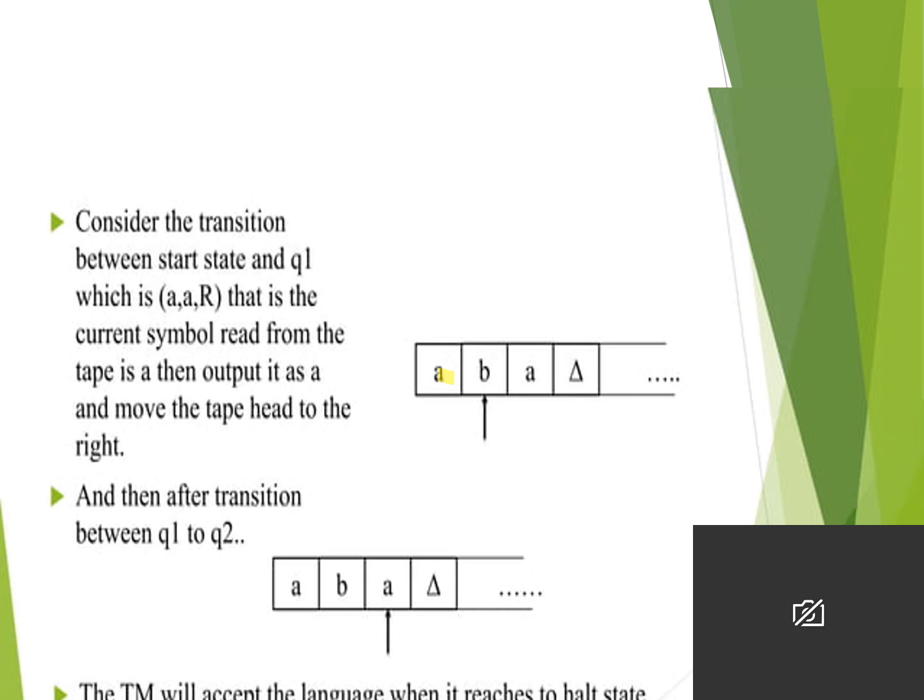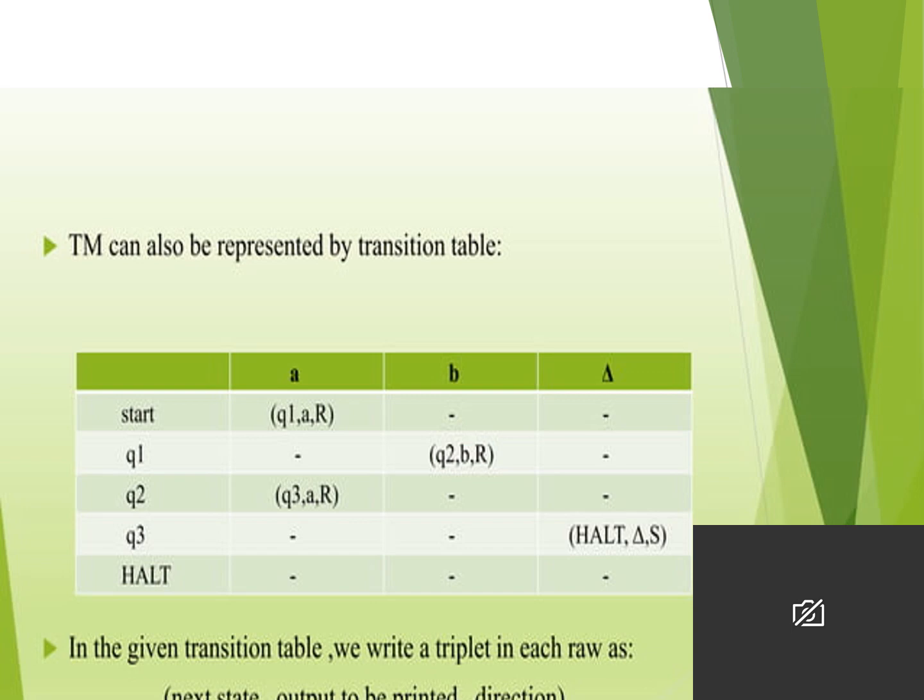Here you are going to read the input B, keep it as it is, and move on to the next input value. For that you have to move the tape head right. That is why they are representing it here as the right side. When it reaches a blank symbol, the overall input is over. Finally it reaches the halt state.